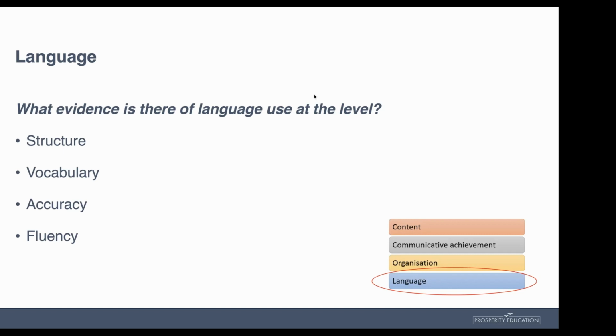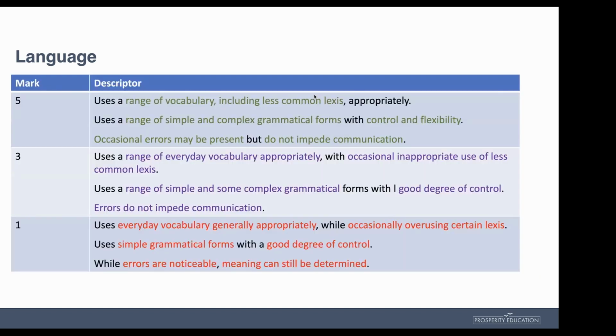So the assessment criteria for this, and you can see there's a little bit more to look at now. The first line in each of these focuses on the range of vocabulary, including less common lexis. So this is where that ambition is rewarded. A range including less common lexis for a mark of 5.